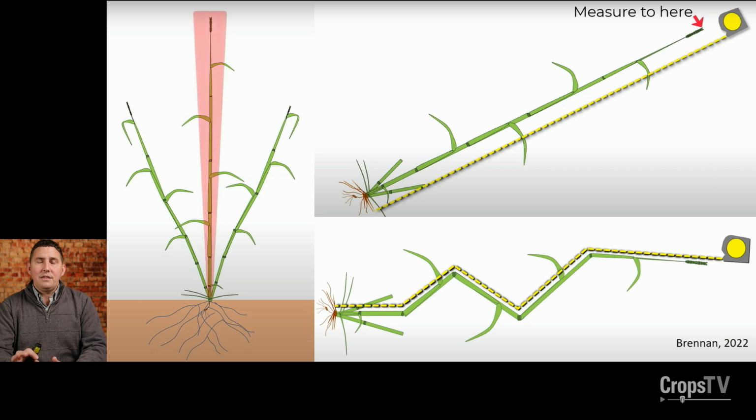And in the lower right image, at times you do run into bends in that main stem, especially once you've got some jointing, for a variety of reasons, right? So the key here is you're measuring the total stem length and not just the canopy height. As you measure that, you have to bend the tape measure, so to speak, to get to that total stem length versus a canopy length.